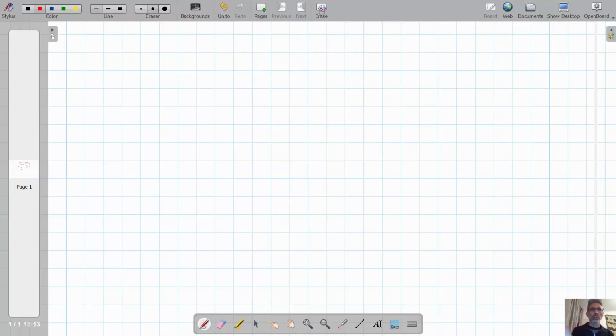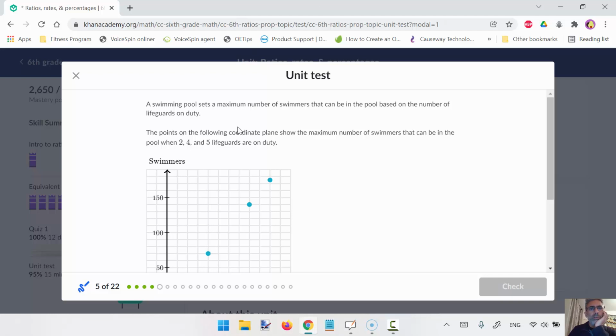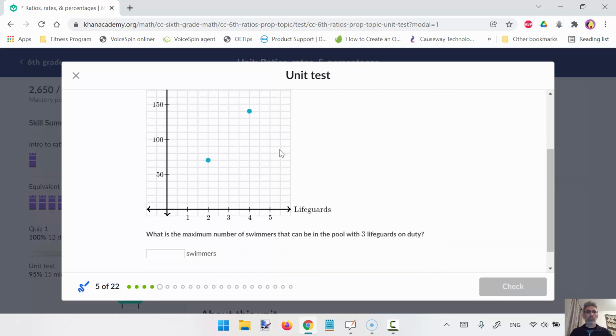A swimming pool sets a maximum number of swimmers that can be in the pool based on the number of lifeguards on duty. The points on the following coordinate plane show the maximum number of swimmers that can be in the pool when 2, 4, and 5 lifeguards are on duty.